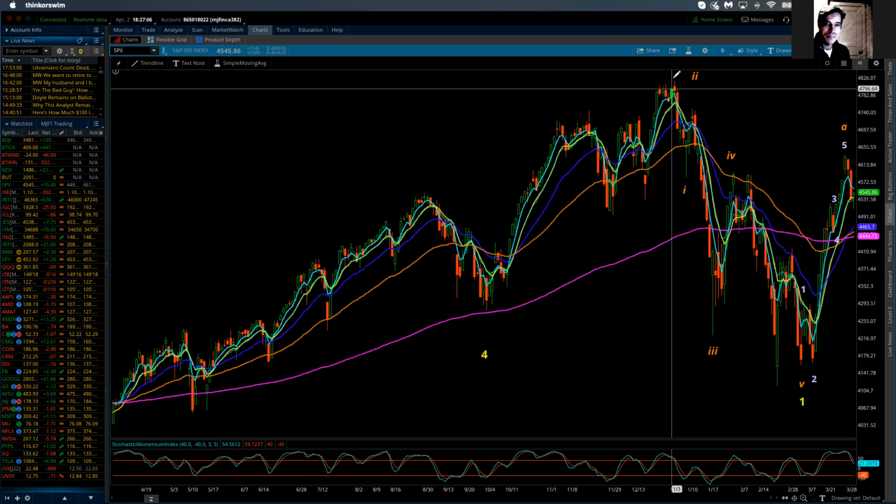And actually 3 waves down of super cycle degree, to be honest with you. But it's a very long term, and very large, and can be a very deep corrective phase for the equity markets, and specifically the SPX.